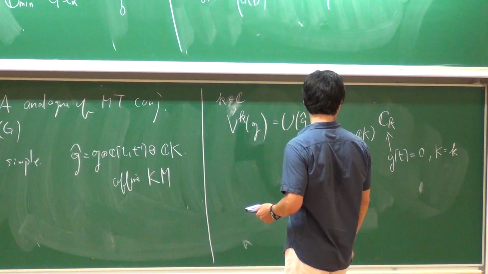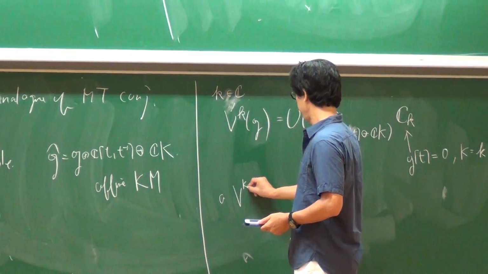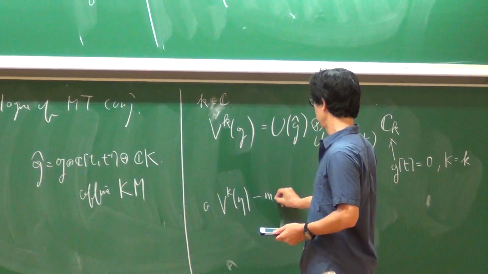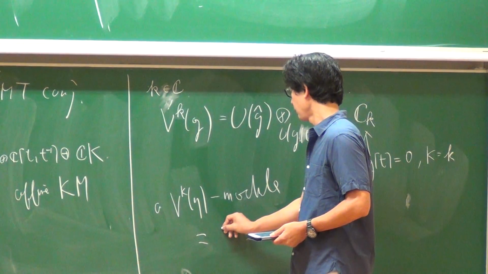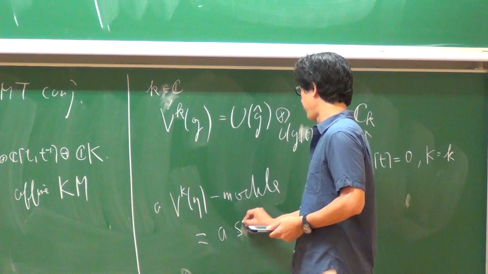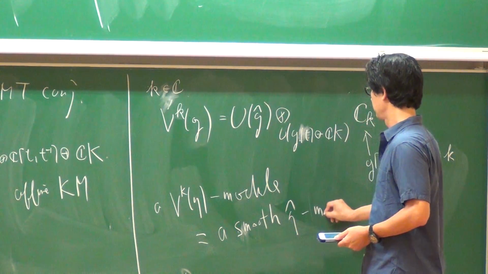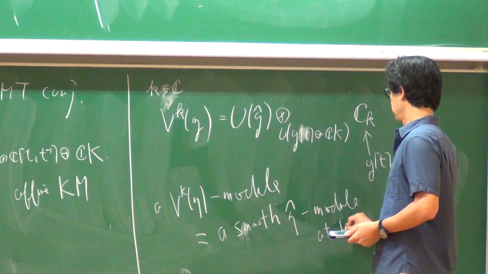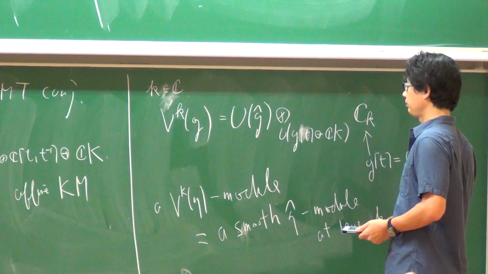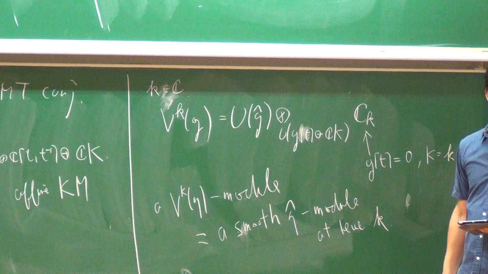It was shown by Haisheng Li that the module of this vertex algebra is nothing but a smooth G-hat module at level k. So you can think of this as an enveloping algebra.